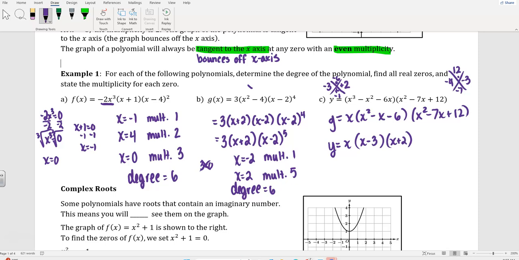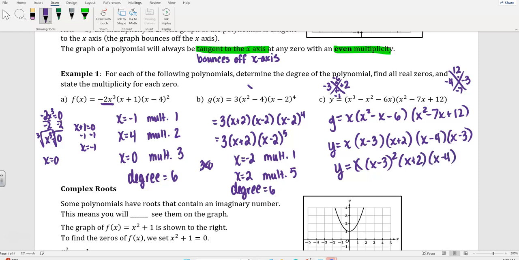Some of you have not seen math in over a year and might be a little bit rusty. But hopefully it'll come back quickly. So we got x minus 4, x minus 3. And then we want to combine the ones that go together. So we'll get y equals x times x minus 3 squared, x plus 2, x minus 4.